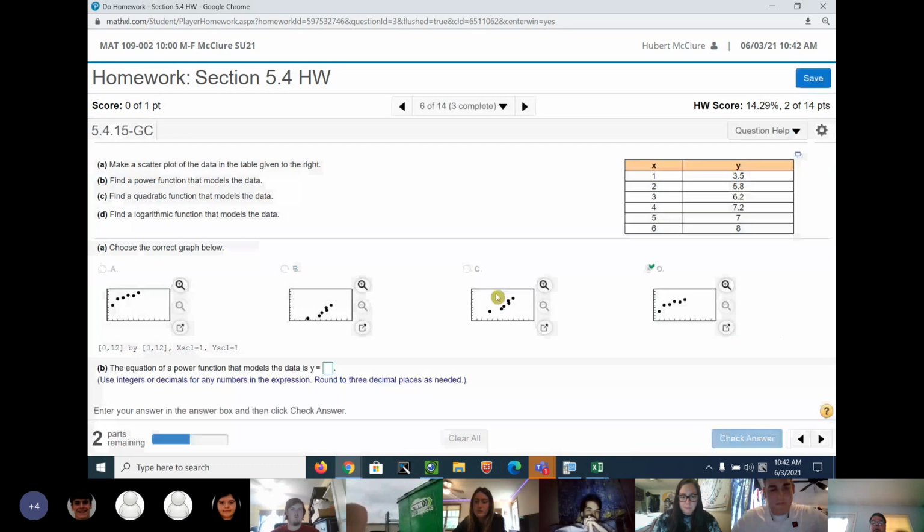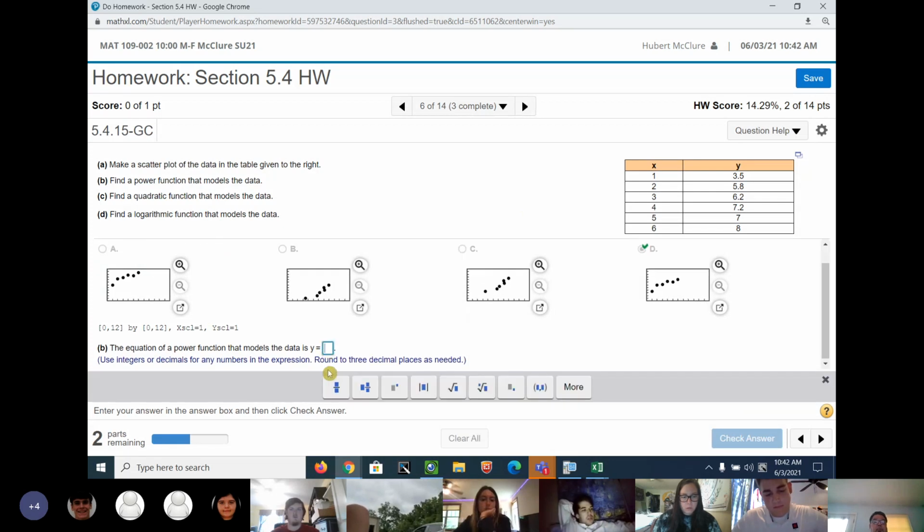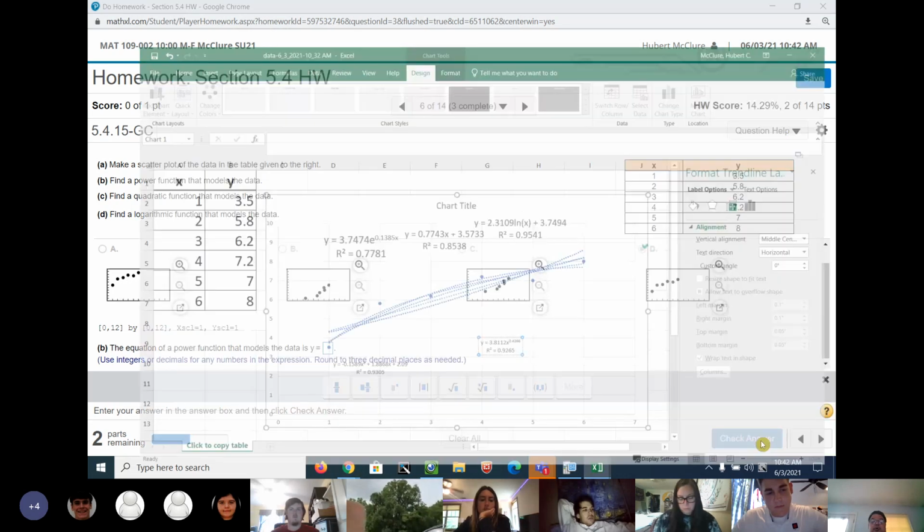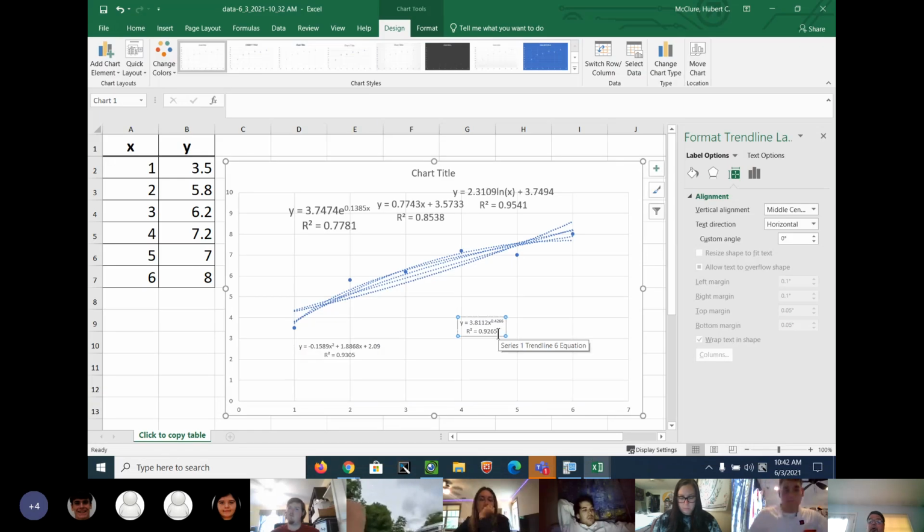Yep. You need to blow it up and match it up with your graph. And the equation of the power function... Oh, it asks for the power. So let's go back and find the power. It's asking for each one. And we're probably going to get the power wrong.